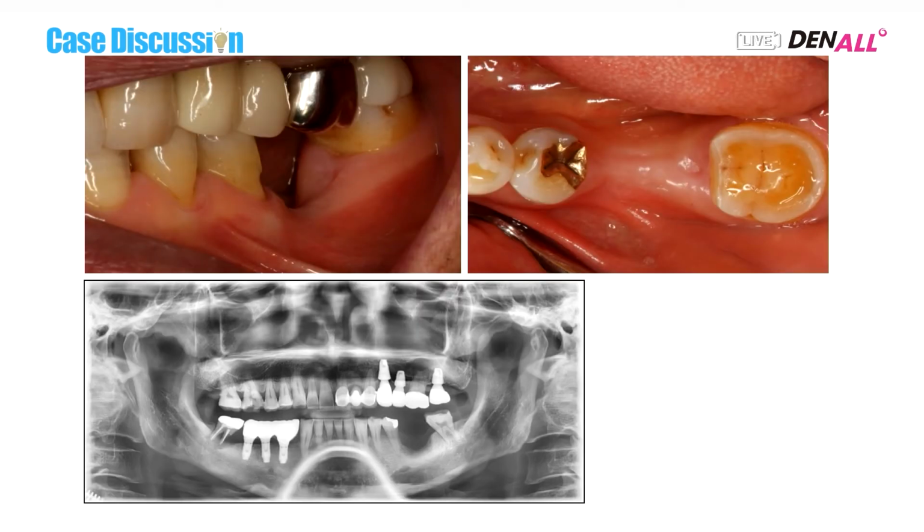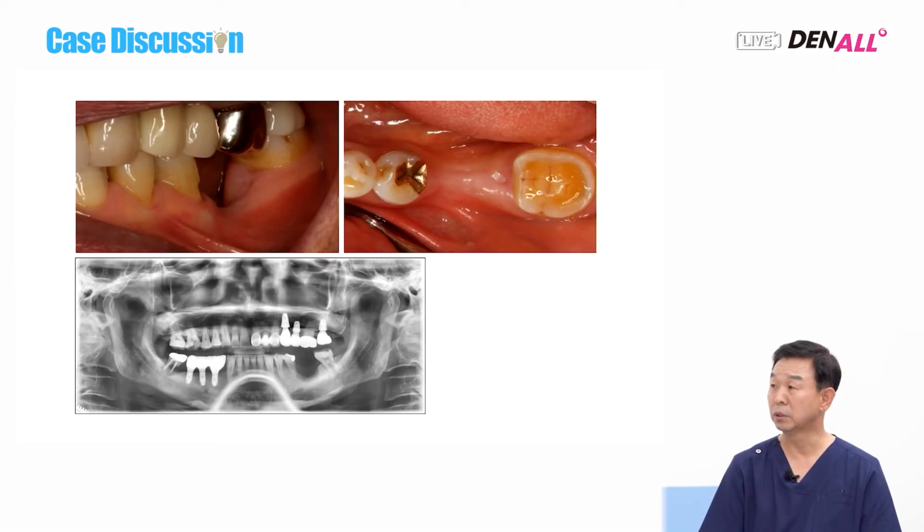Number 36 was missing when the patient came to the office. This is very similar to the case under discussion, so I use a simultaneous approach using a smart builder.